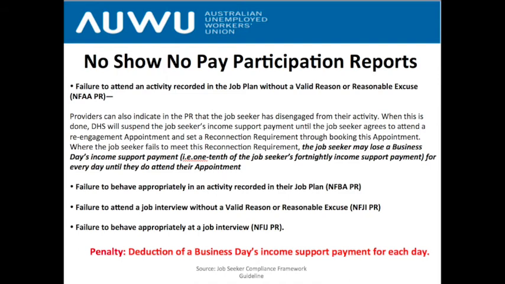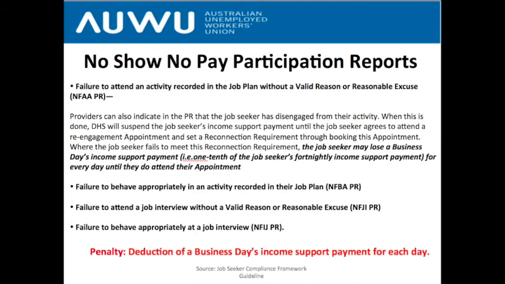The next penalty in this section is the failure to attend a job interview without a valid reason or reasonable excuse. So this applies to unemployed workers who have a job interview, obviously, and are unable to attend for whatever reason, and then the job agency refuses that excuse or doesn't ask for an excuse, and then that's kicked up to Centrelink, who then investigate it.